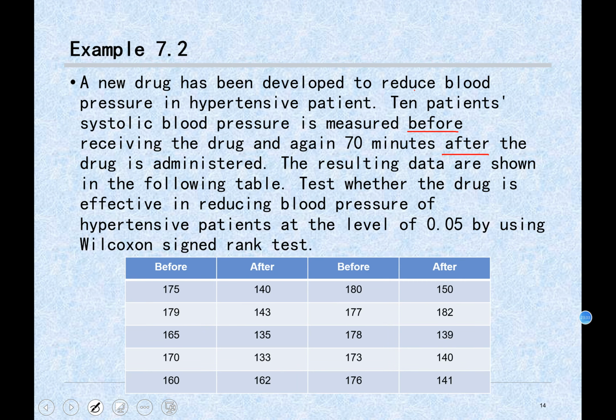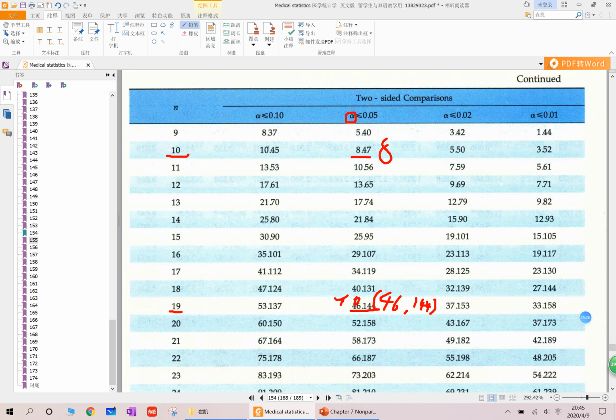And we can find that when alpha equals 0.05, the range is 8 to 47. I have mentioned that this is a printing error in our textbook. This is not a number of 8.47. It should be a range of 8 to 47.